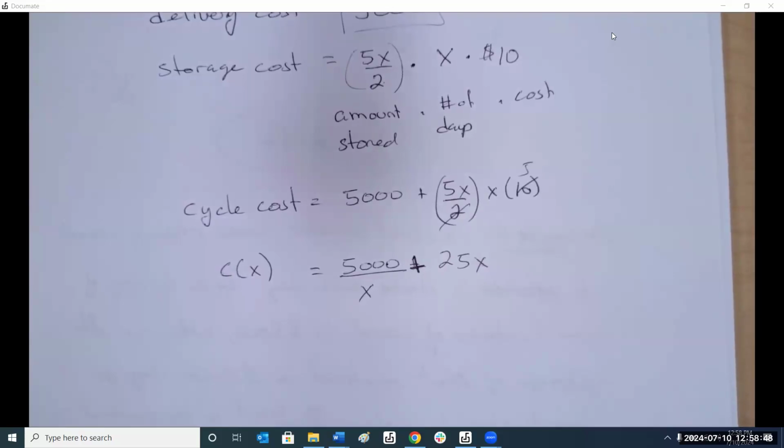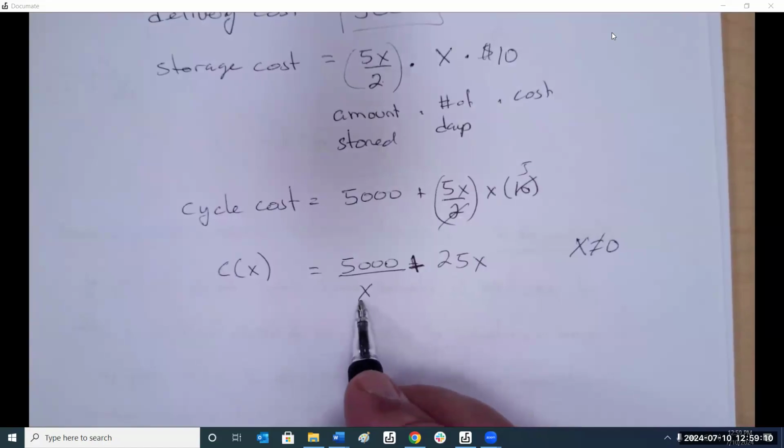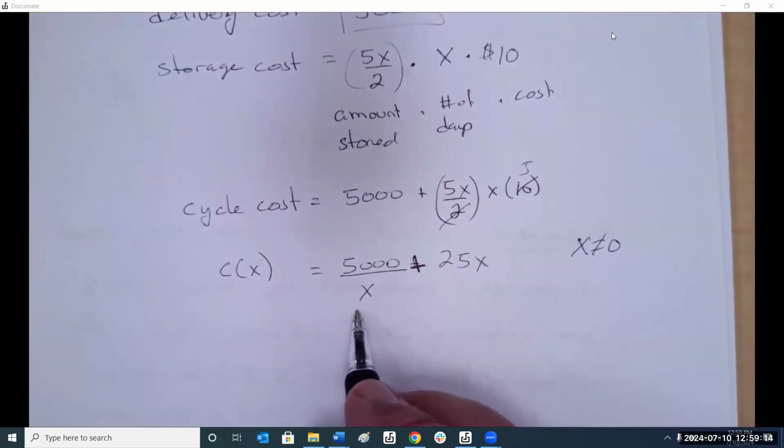What's our domain? X cannot equal 0 because it's 0 on the bottom. Can X be negative?